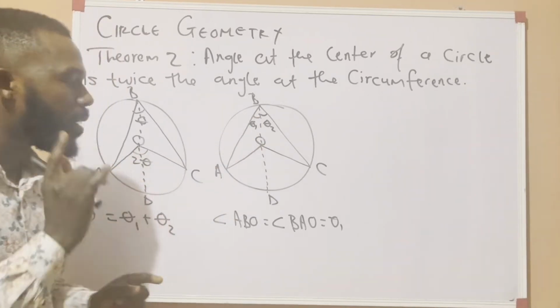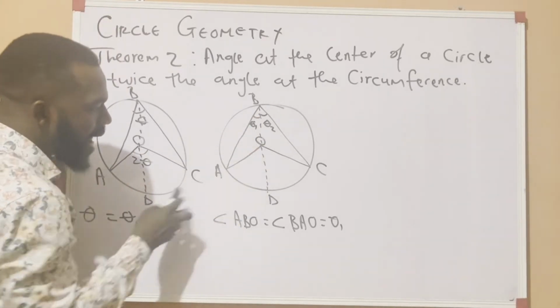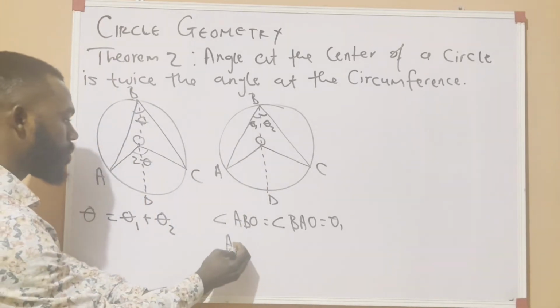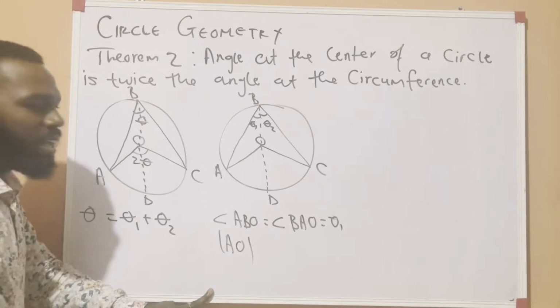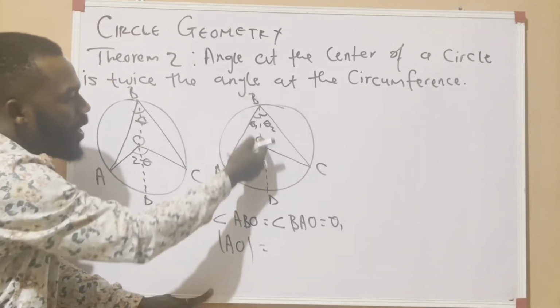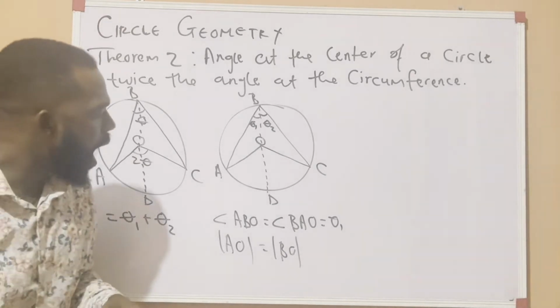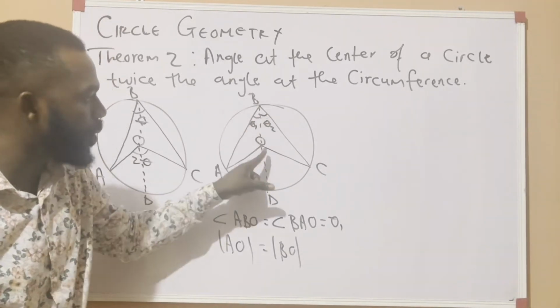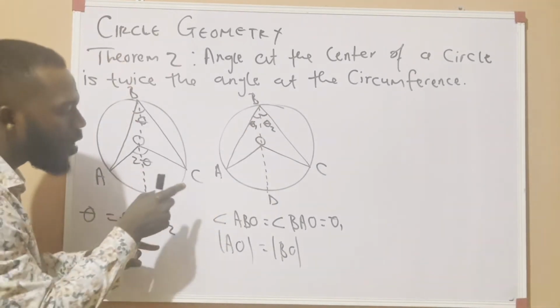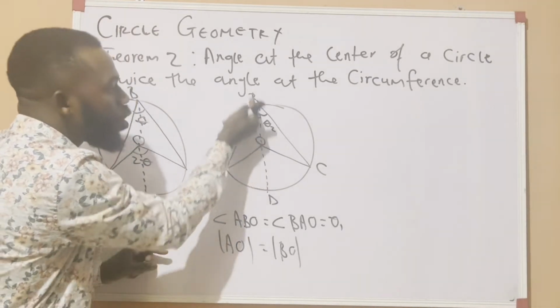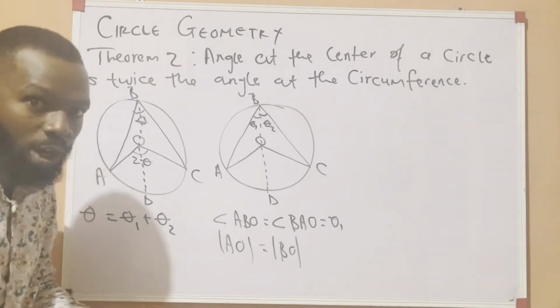I will explain. Don't forget that line AO is equal to line BO. How is line AO equal to BO? It is very simple, because line AO is a radius and line BO is also a radius, and radii are equal to each other.